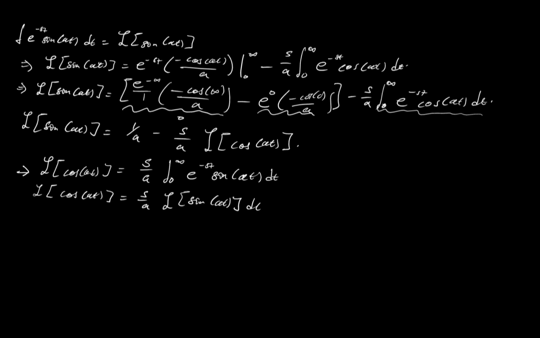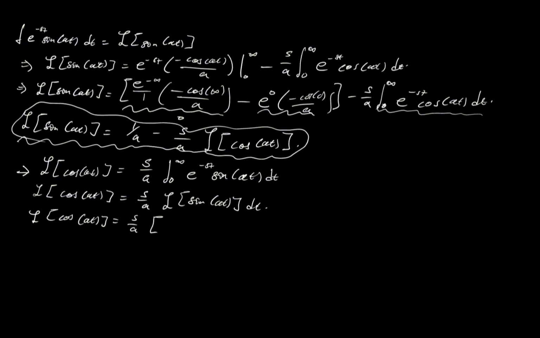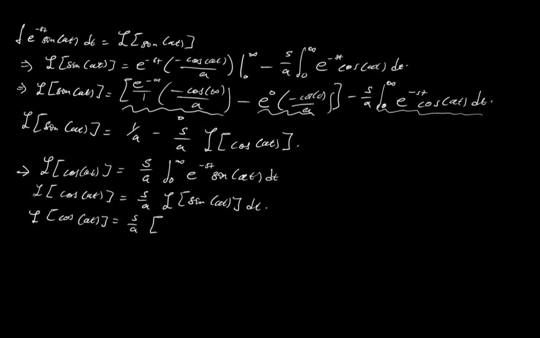This tells us that the Laplace of cos of at is equal to s over a, then the Laplace of sine at, which is what we have here found, will be 1 over a minus s over a, the Laplace of cos of at, like that.